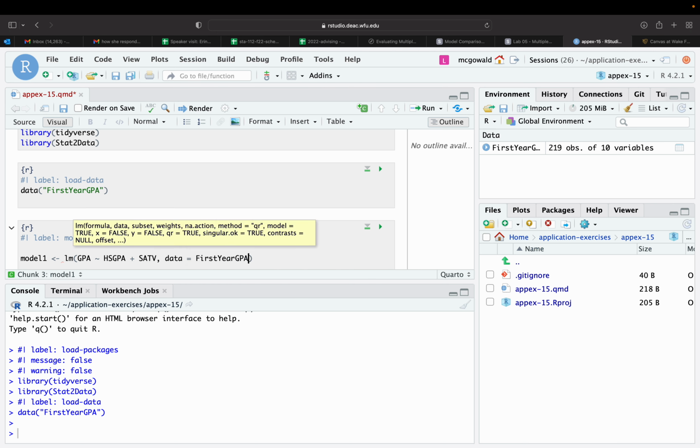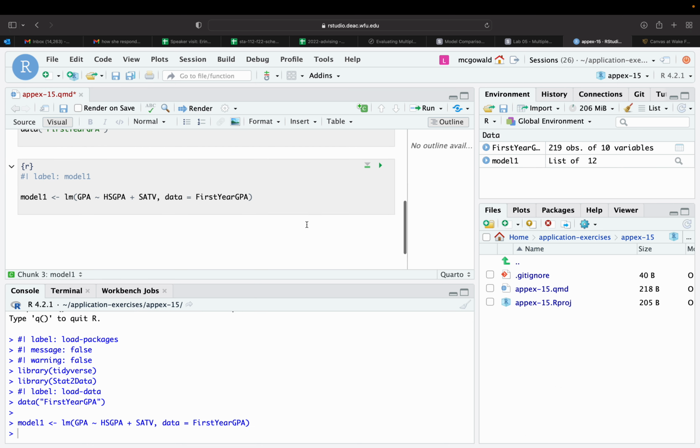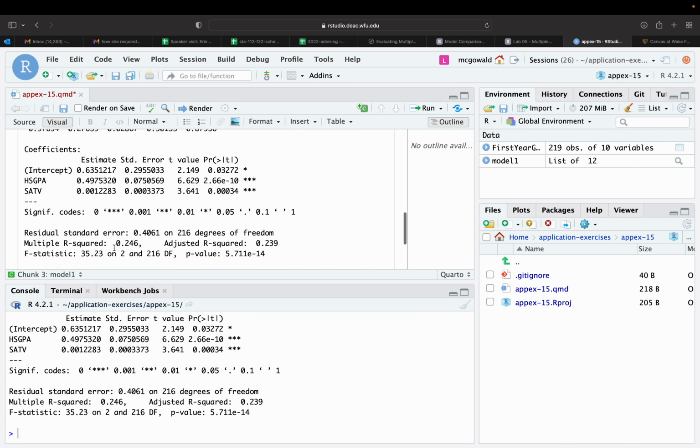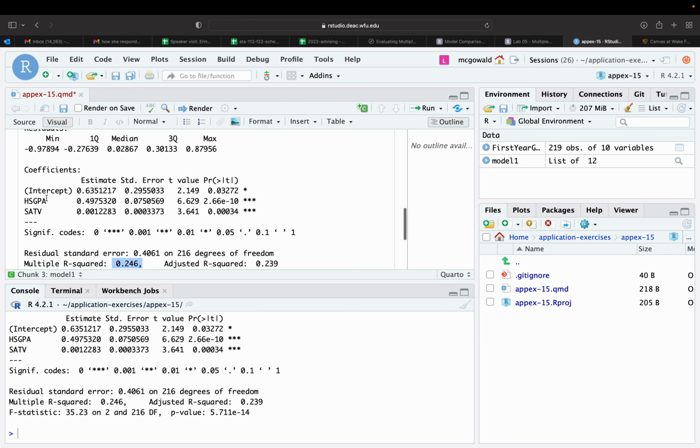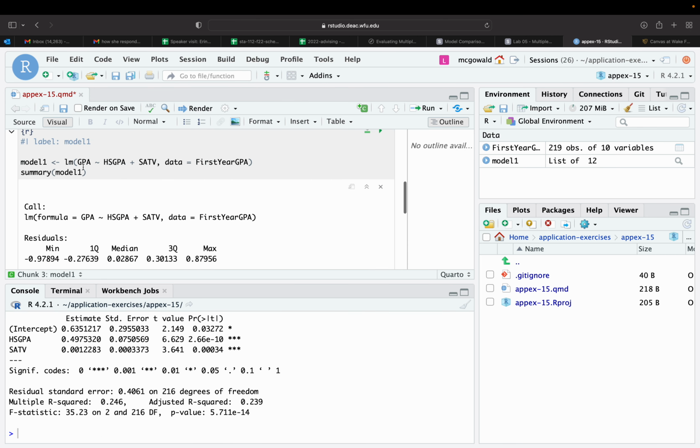All right. And so that's going to be my first model. I can look at what that looks like just in general. It looks like that explains about 25 or so % of the variability in GPA when I look at the high school GPA and the verbal score for the SAT. Great, so that was model 1.